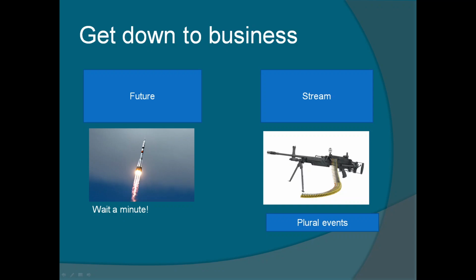So the rocket is single, and it requires several minutes to achieve the target. And here the machine gun has a lot of bullets. They also arrive at the target listeners not immediately, as a future does.